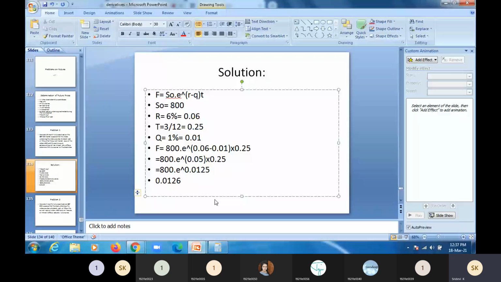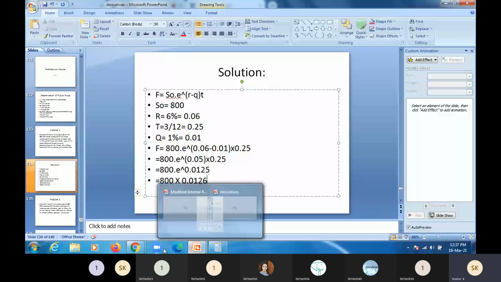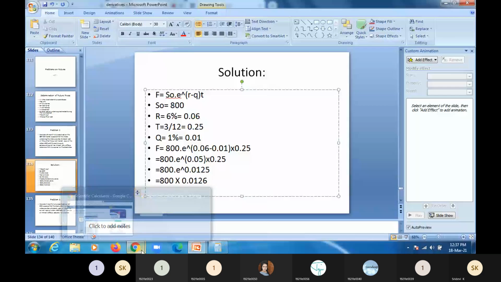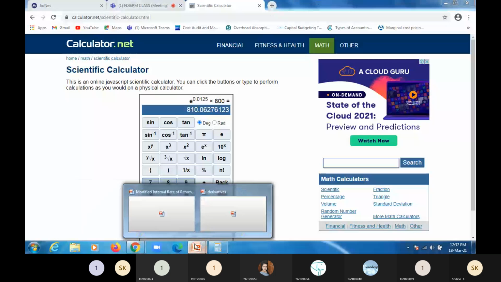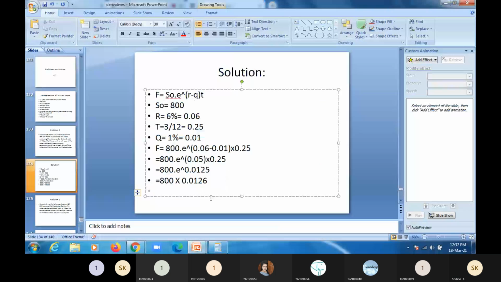So you multiply it with 800. 800 into this value. That will give you 810.063.